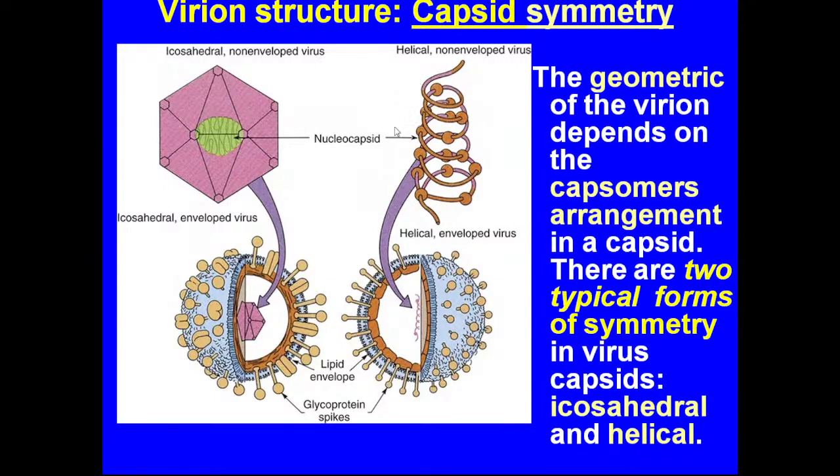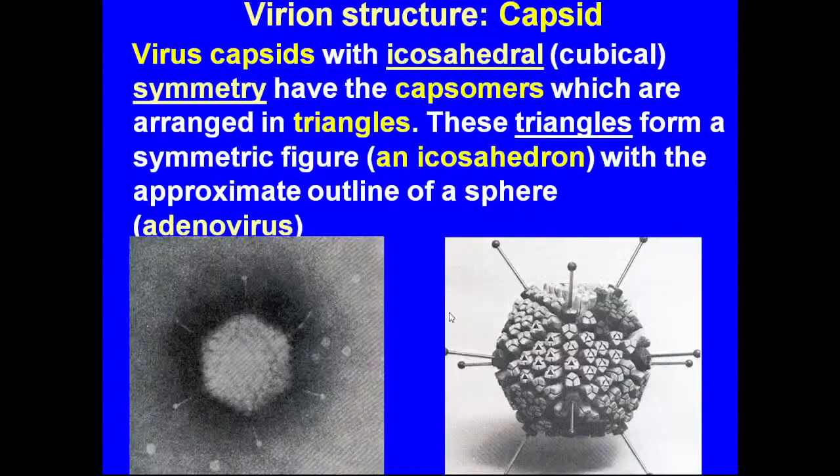Then in plant viruses, but not in human viruses, we may have helical non-enveloped viruses, and then we have a lot of enveloped viruses with the helical type of capsid in human or animal viruses. These are four basic structural types of the viruses.